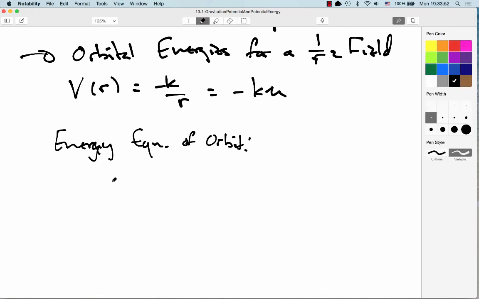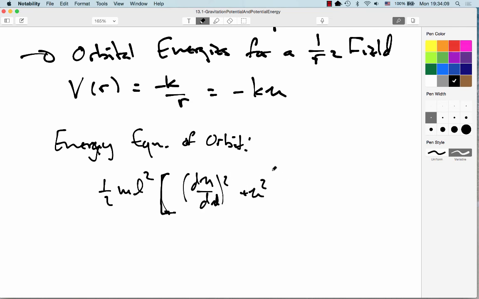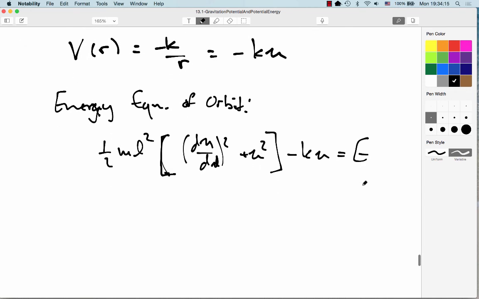We'll have 1/2 m L squared times du d theta squared plus u squared, and our potential is minus ku, equals a constant E.